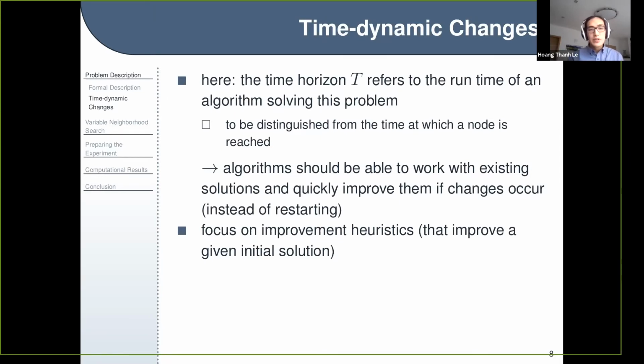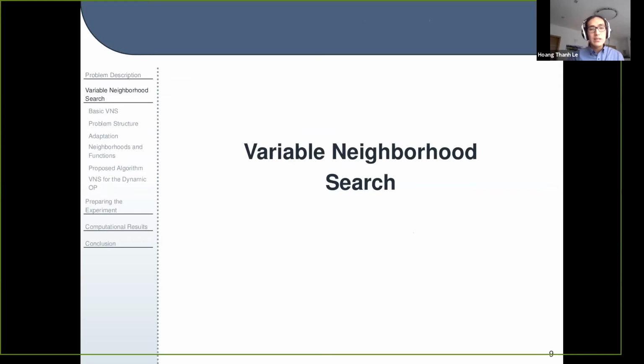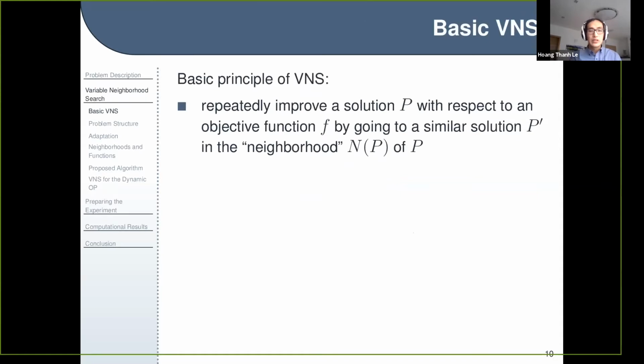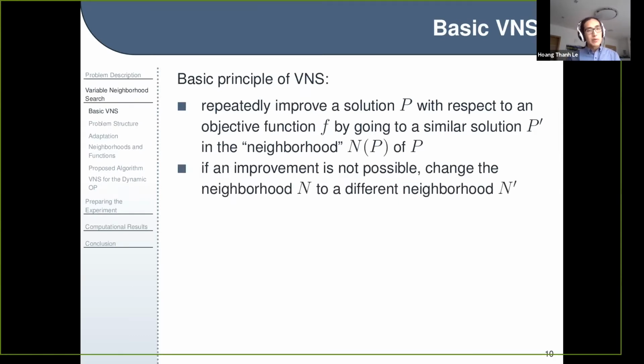The improvement heuristic that we propose is based on variable neighborhood search. The basic principle of variable neighborhood search is to repeatedly improve a solution with respect to an objective function by going to a similar solution that is in the neighborhood of it. Here, neighborhood refers to a set of solutions that are considered similar. This is done repeatedly until an improvement is not possible anymore.